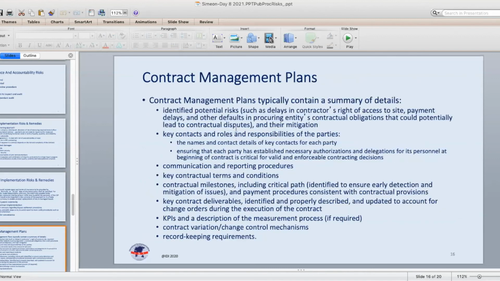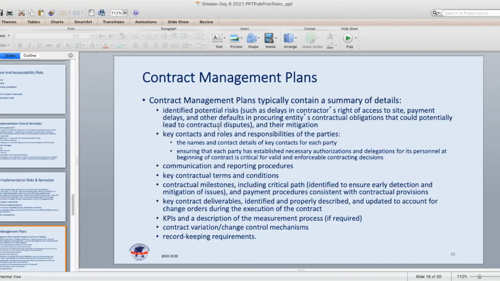Contract management plans. This slide highlights the various ways in which contract management plans and the details that are included in the contract management plan may address risks.